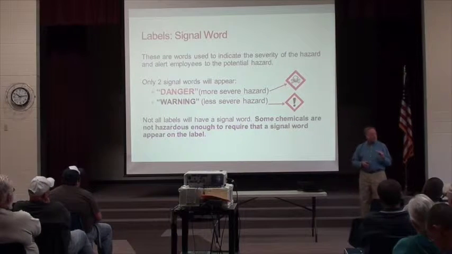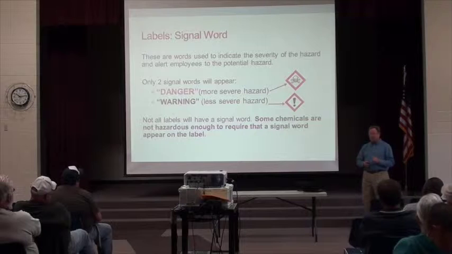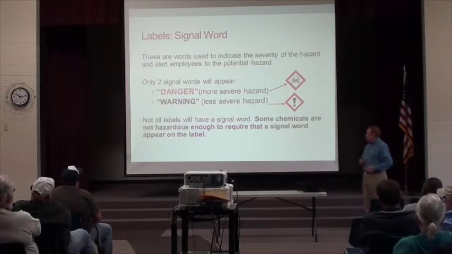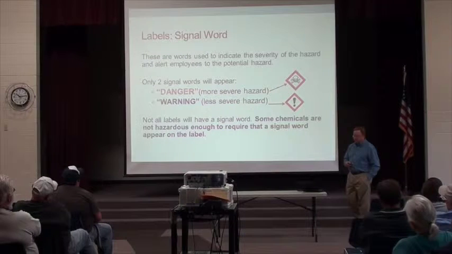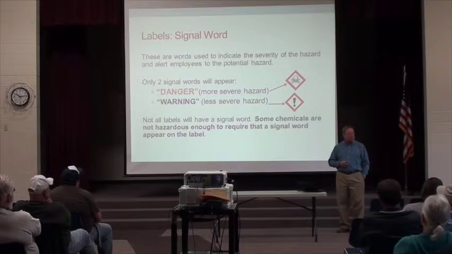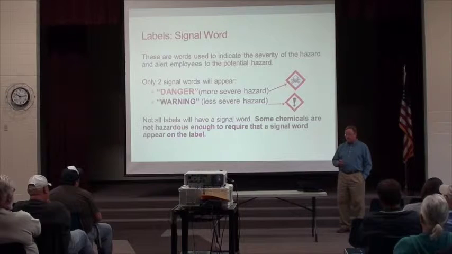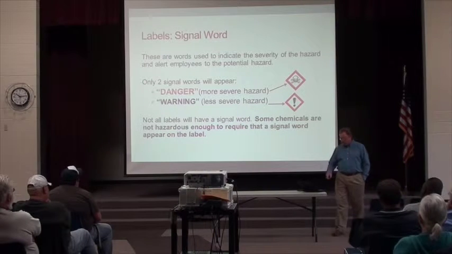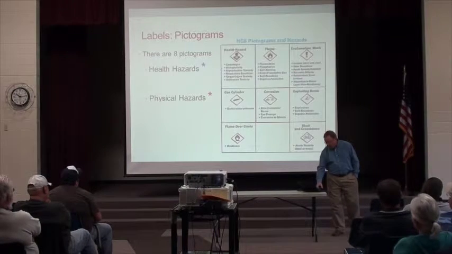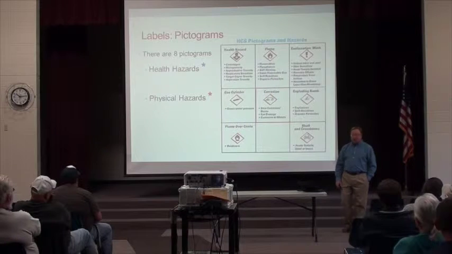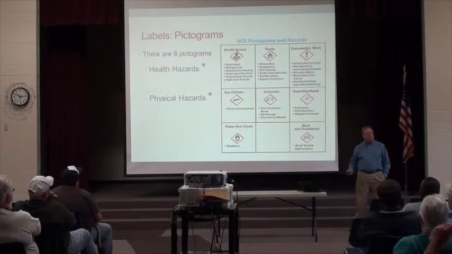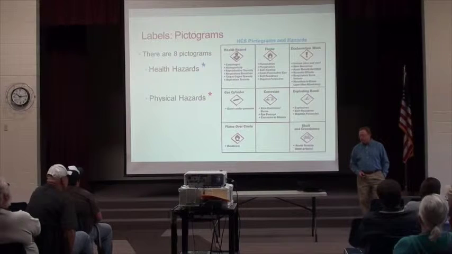If you see the word warning on there, it's something that's not as severe. They still use these words. Some chemicals are not hazardous enough to have a signal word and it won't appear on the label. So there are some chemicals where you will not see this. There are your pictograms, and we're going to break each one of these down so you have a little bit of understanding of what they mean.